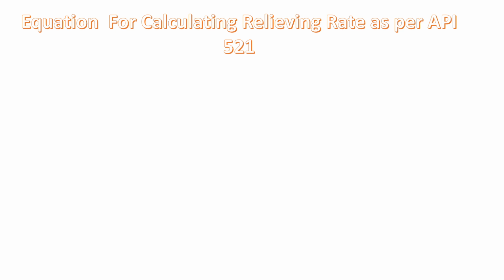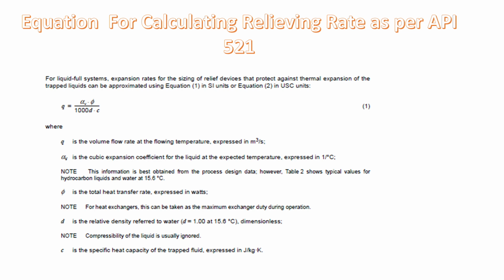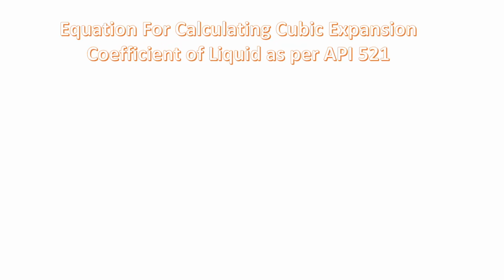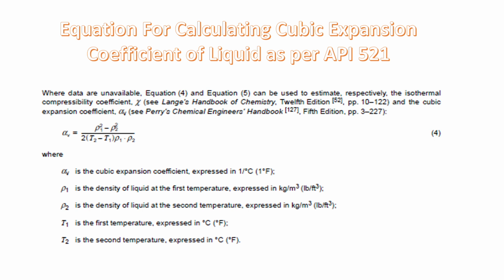So as per API 521, I have attached a snapshot of the equation which we use to calculate the required relieving rate, because unless and until we have the relieving rate and the set pressure, we can't proceed with safety valve sizing. Okay, so to calculate the required relieving rate, first we have to calculate the cubical expansion coefficient of the liquid.